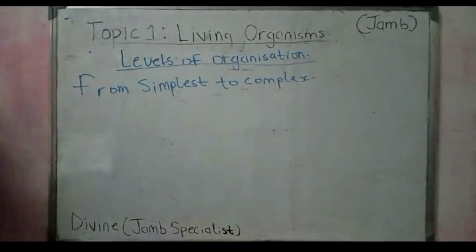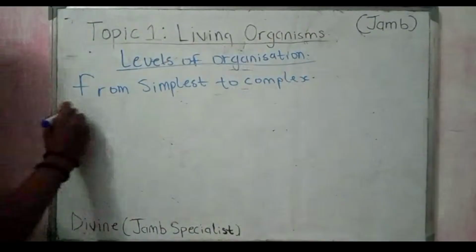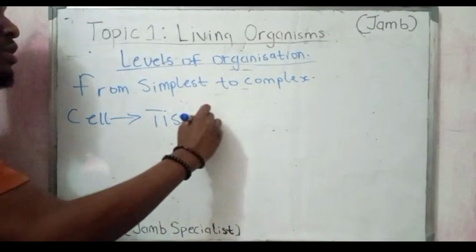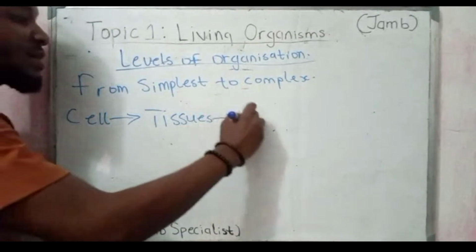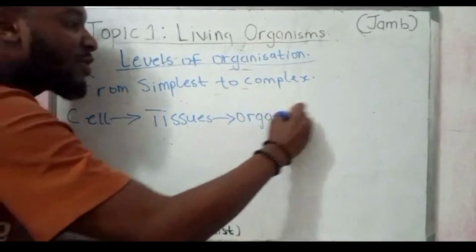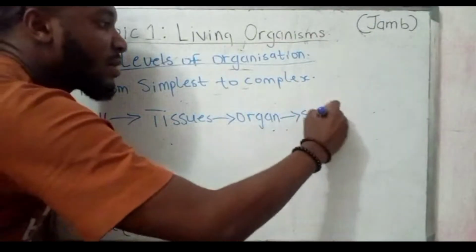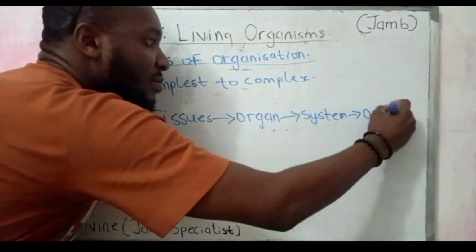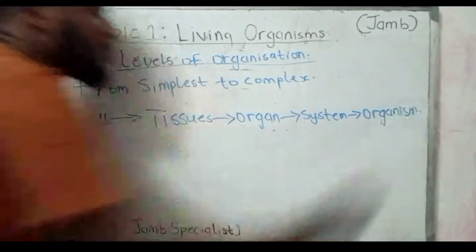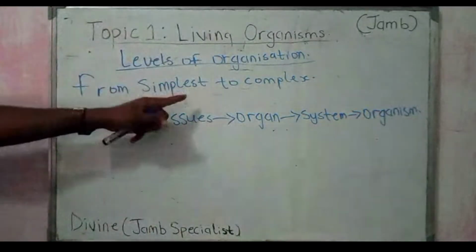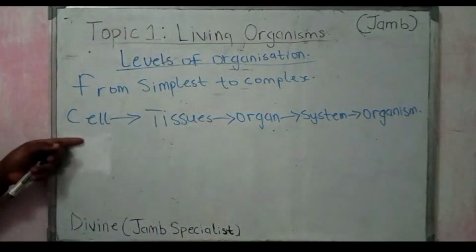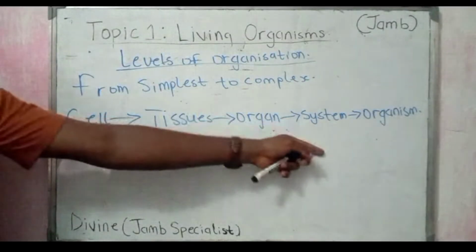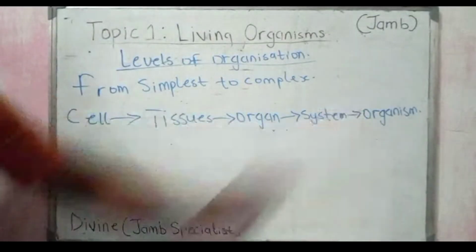The simplest one is the cell. Cells will form tissues, tissues will form organs, organs will form systems, and systems will form organisms.